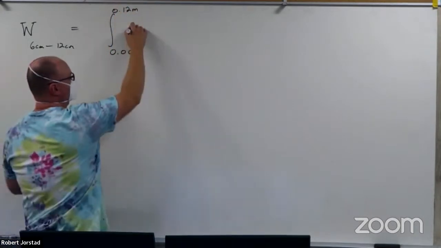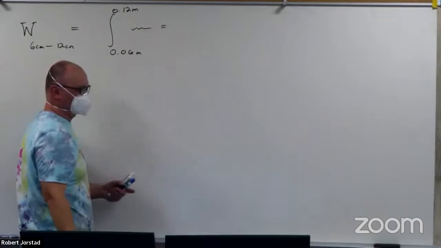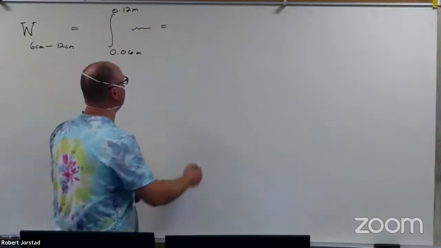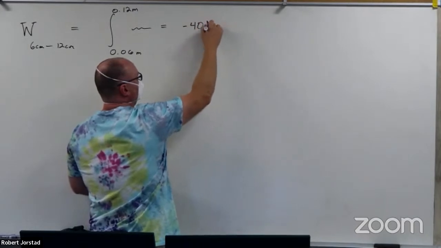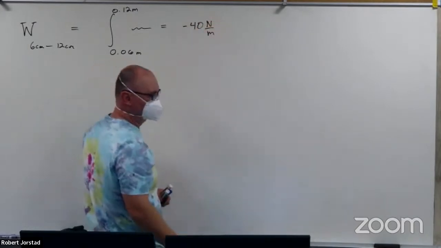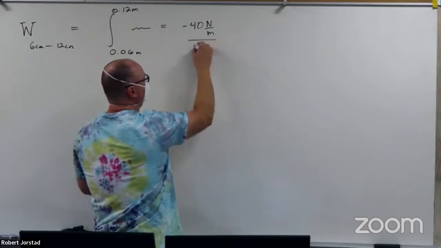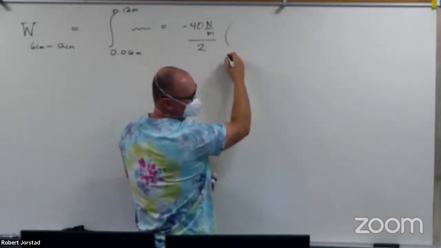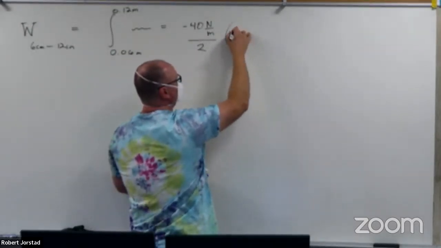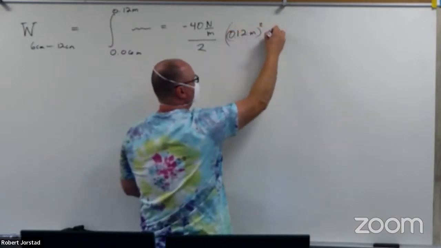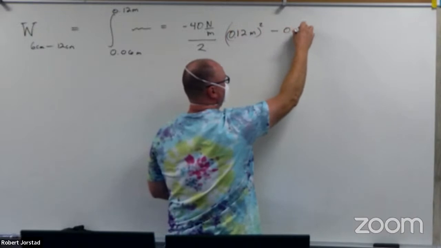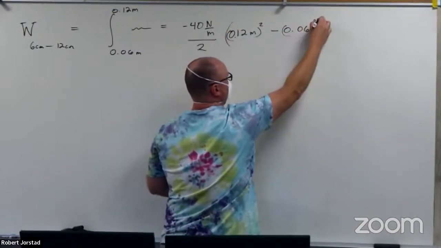It's the same equation inside, so basically it's the same setup. We're going to get negative 40 newtons per meter over 2, but now we're doing 0.12 meters squared minus 0.06 meters squared.